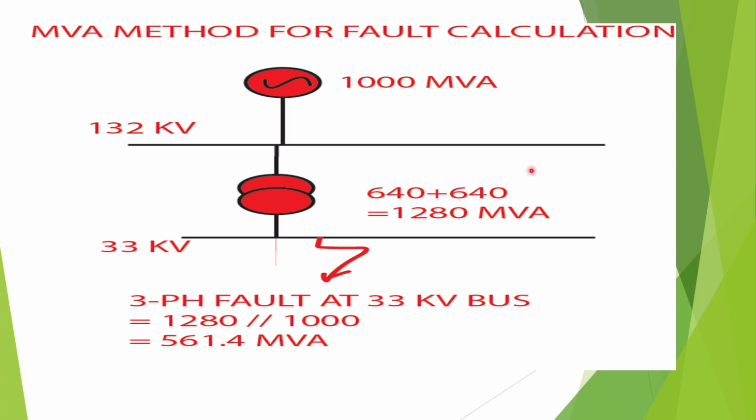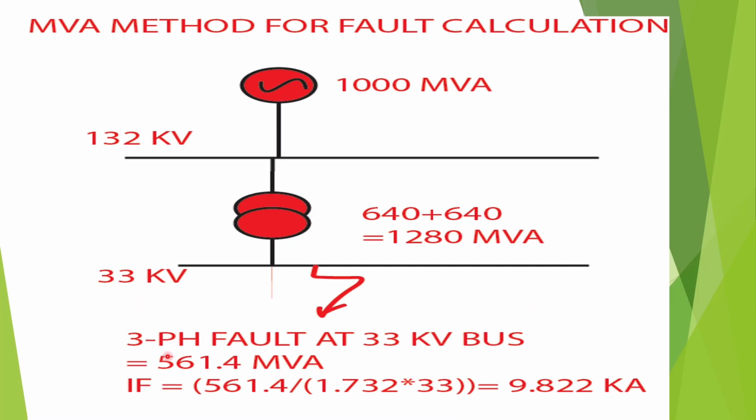Now the source MVA connected at the 132 kV bus is 1000 MVA. We can easily calculate the three-phase fault at the 33 kV bus, which is the parallel combination of 1000 MVA and 1280 MVA, which comes as 561.4 MVA.